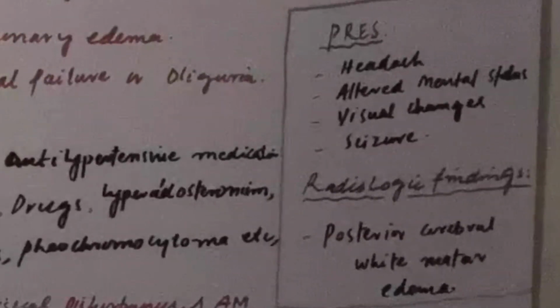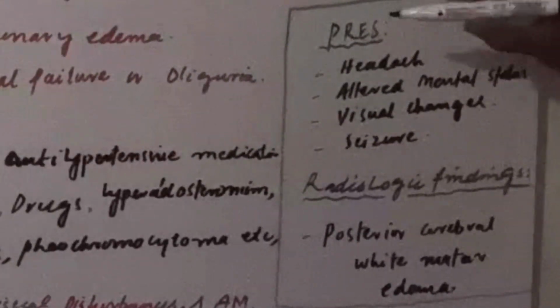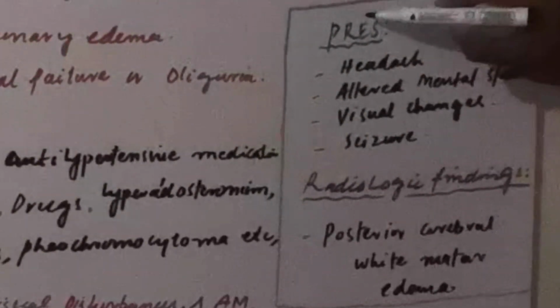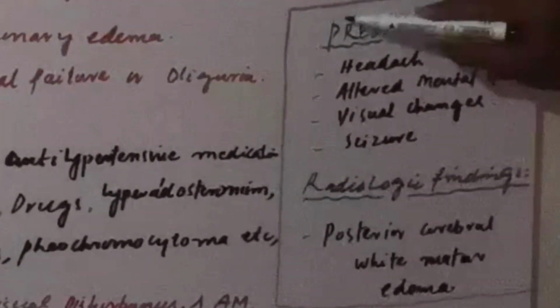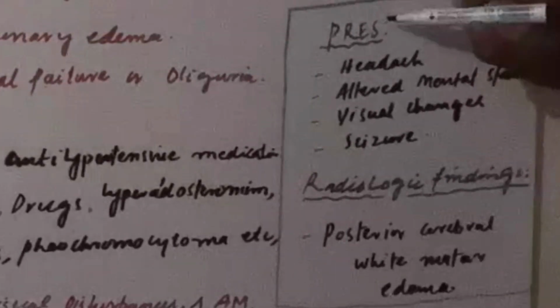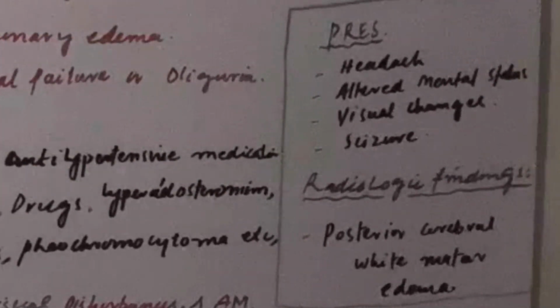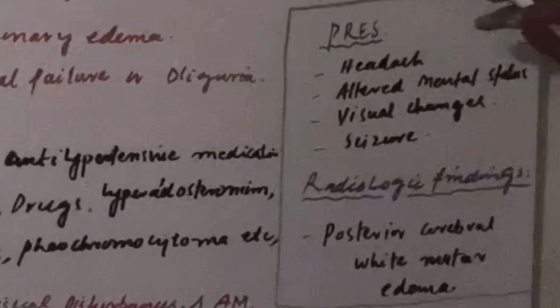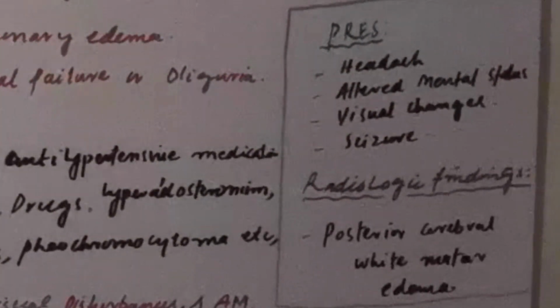There is a condition here you can see which is called PRES, abbreviated as posterior reversible encephalopathy syndrome. This is a condition which occurs in the hypertensive emergency. That is a CNS damage. In this condition, the autoregulatory mechanism of the cerebral vessel becomes impaired and there is endothelial dysfunction.